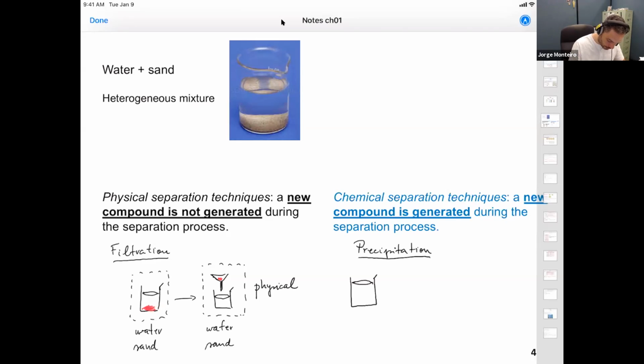If you have water, Na+, and Cl- in solution, if you add Ag+ to the system, at the end, you are still going to have water, Na+, and you will get a solid. And the composition of the solid is AgCl.